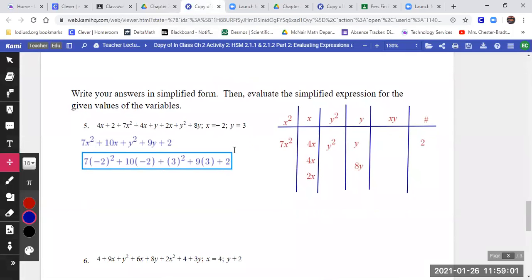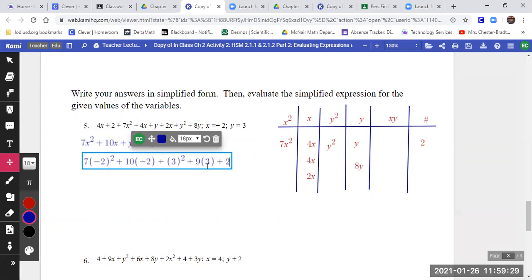So this one doesn't have parentheses because I don't have anything going on inside that's adding and subtracting. If I had something like 7 parentheses x plus 2, and I replaced that x with the -2, I would have to clean the parentheses up. But they don't have a plus or minus inside. It's not two parts that we need to combine together.